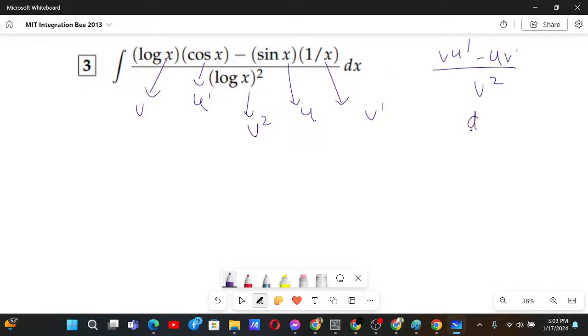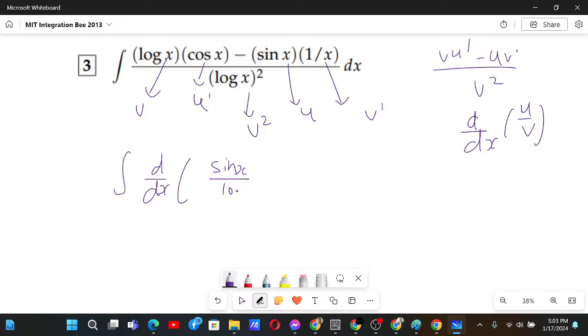So this is just d dx of u by v. This is just the quotient rule. So this can be written as d dx of sine x by log x, and we also have a dx over here. You can cancel the dx, and this gives us sine x by log x as the answer, plus c. Let's check the answer.